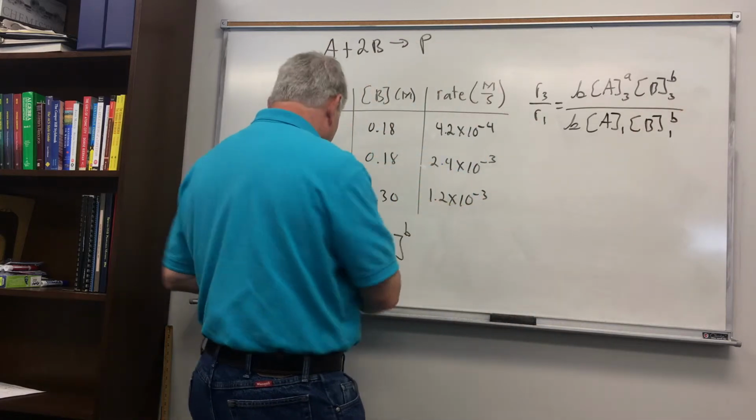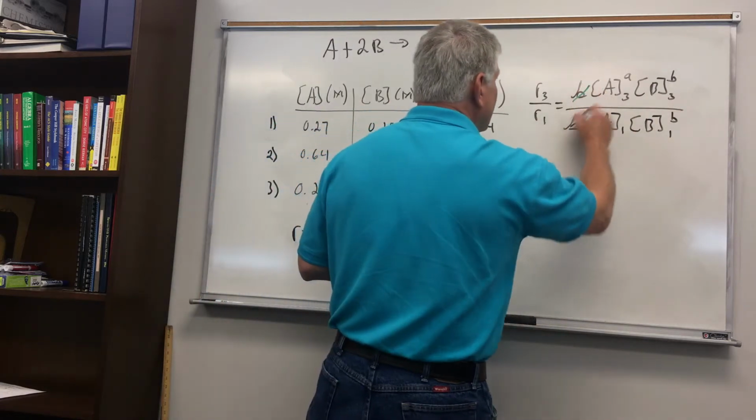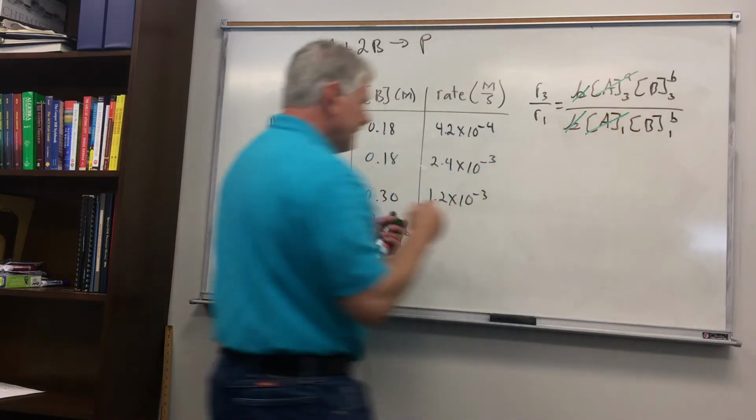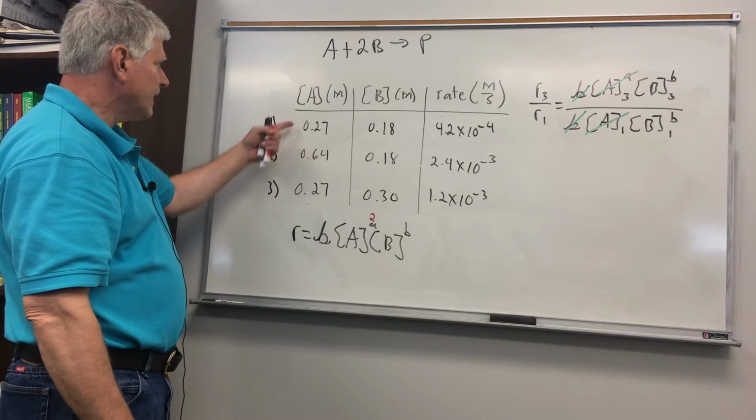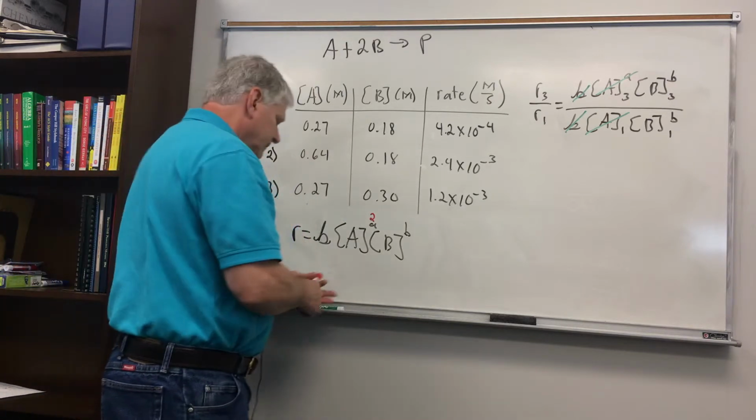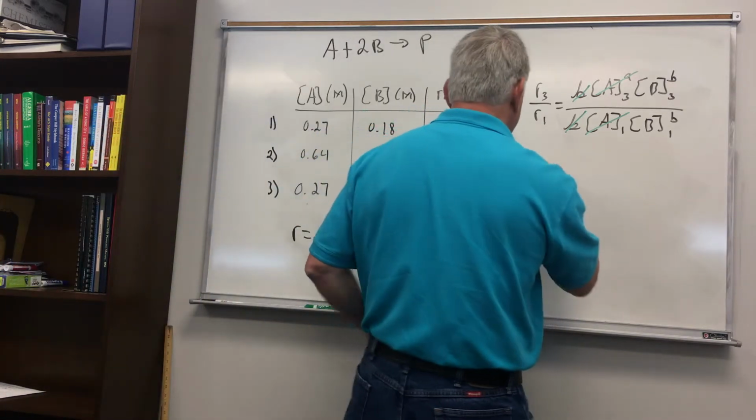Okay, so the rate constant cancels and the concentration of A cancels because it is the same in experiment 3 and experiment 1. So we just have this ratio.